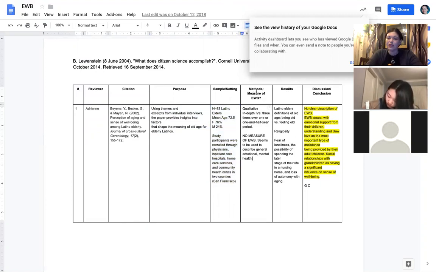In this case, I was looking for measures of emotional well-being, but in our case, we're probably going to look at what outcome was this talking about. Was it financial? Was it quality of life? What the results were. And then in your discussion and conclusion, that's where you get the chance to tell us what you thought of this article.